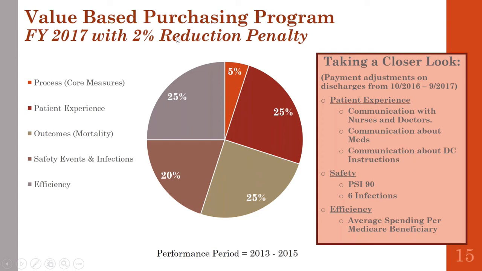You have patient experience. You have outcomes, which are mostly mortality outcomes. Then you have safety events, which is the PSI 90 from AHRQ, and a handful of infections that we report through the CDC. And then you have 25% of the pie that's related to one metric, and that's average spending per Medicare beneficiary.